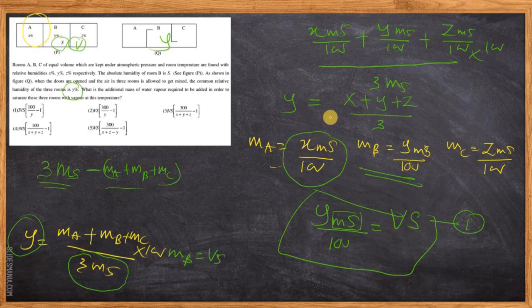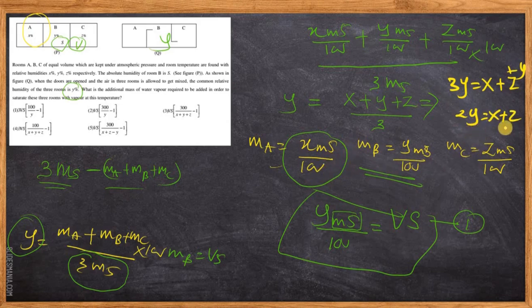From this I can find a connection between X, Y and Z, because there are two equations where only Y is present. So from this I can get 3Y equals X plus Z plus Y. So basically I am getting 2Y equals X plus Z. I'm going to use it here.